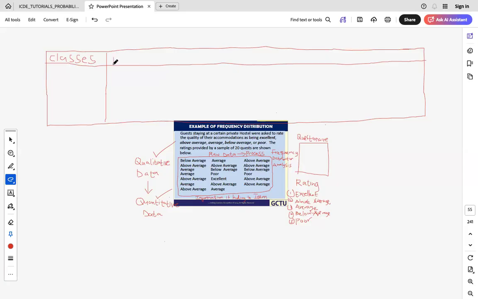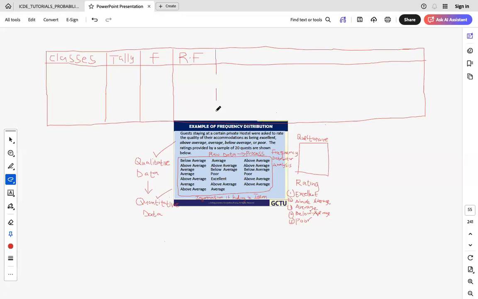Then our second column, we have our tally column. Then we'll convert our tally into our frequency. Immediately after the frequency, we'll have our relative frequency, which I will abbreviate as R.F. So when you see R.F, it means relative frequency.